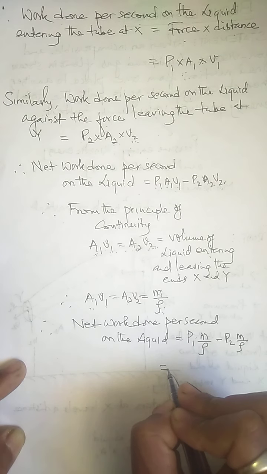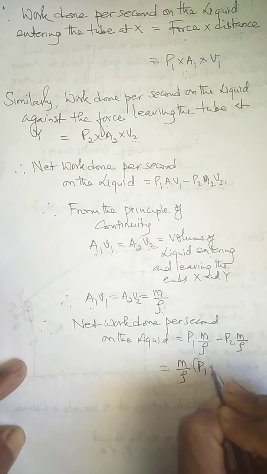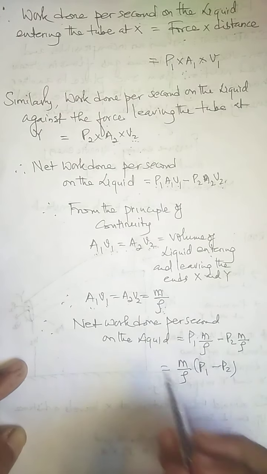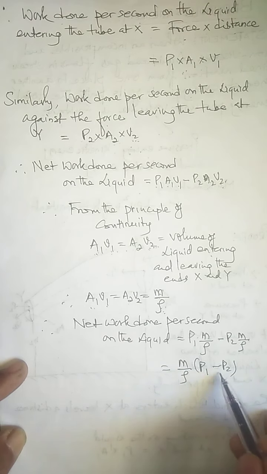You can see what is common in the expression: m by rho is common. So inside the bracket is P1 minus P2. So the net work done per second on the liquid which is entering or leaving can be expressed by m by rho times the bracket P1 minus P2.